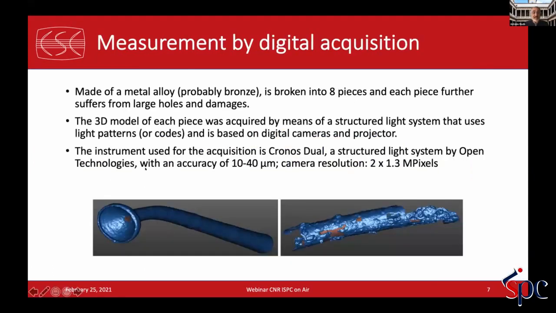The instrument is made of a metal alloy and it is broken into 8 pieces. And each piece suffers from large holes and damage. The first rough model was acquired by a structured light system that can reach an accuracy of up to 10 micrometers.